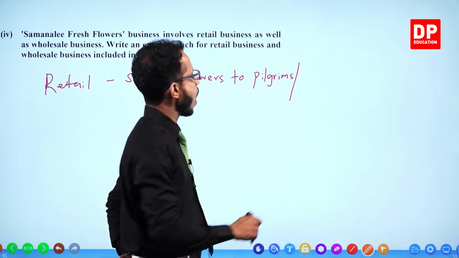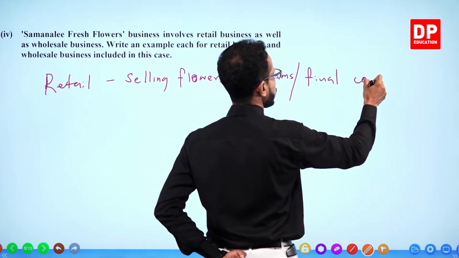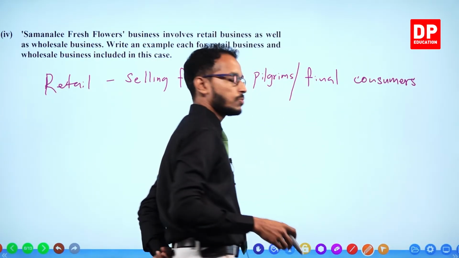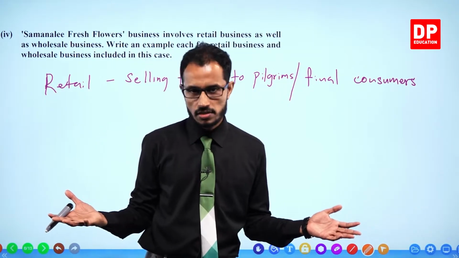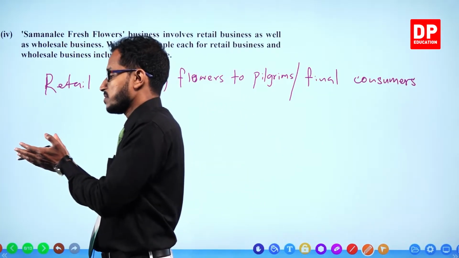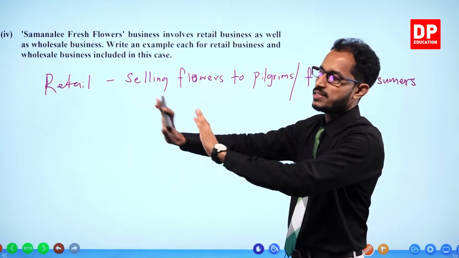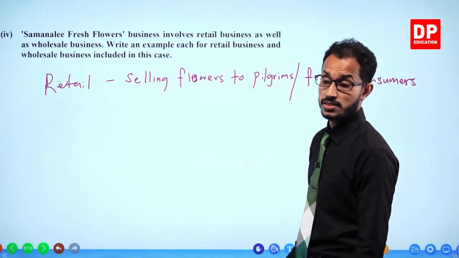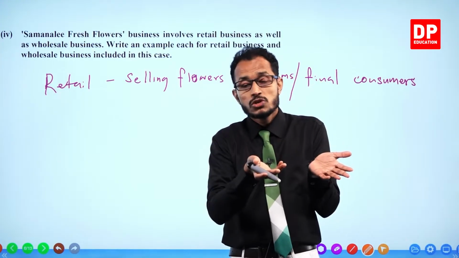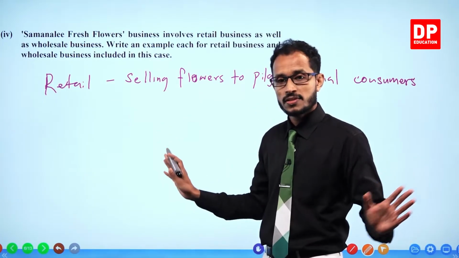Or else you can write final consumers. Pilgrims are the final consumers. They don't sell the flowers to somebody else. They just go with the flowers to worship, and that is the end of that. The final consumer is us, who buy the goods for our consumption. We use the goods, and that's it.